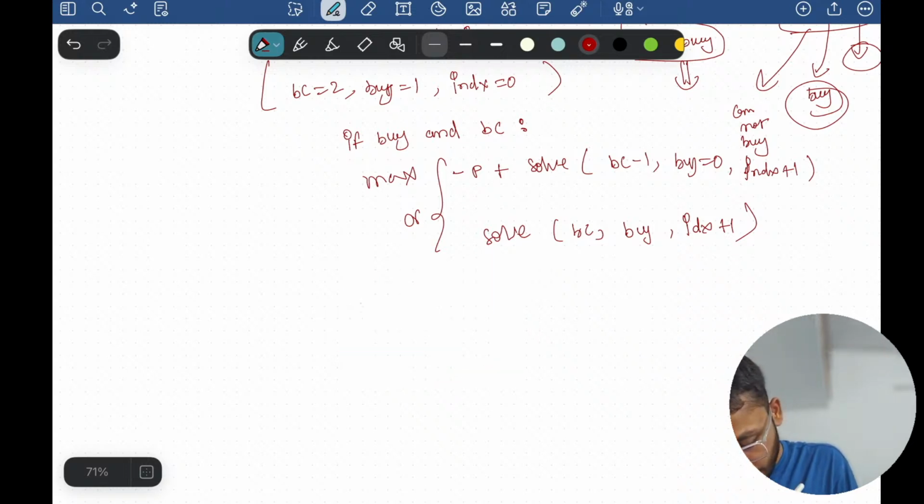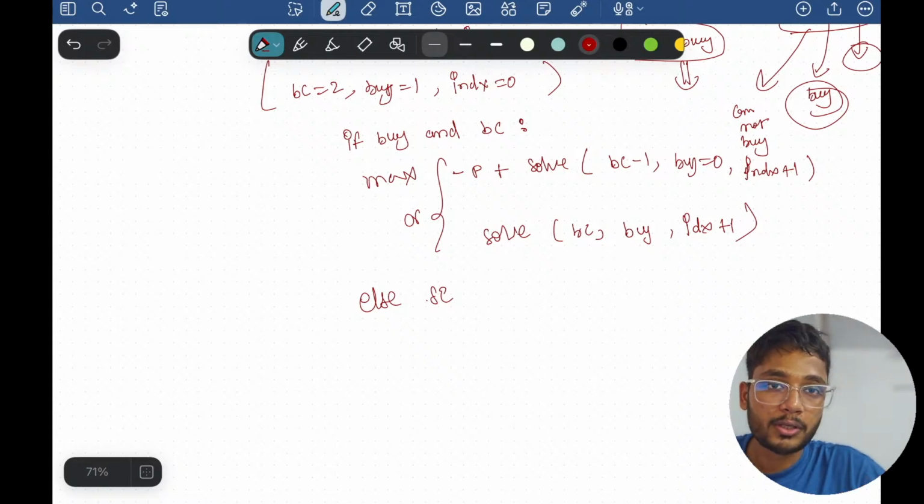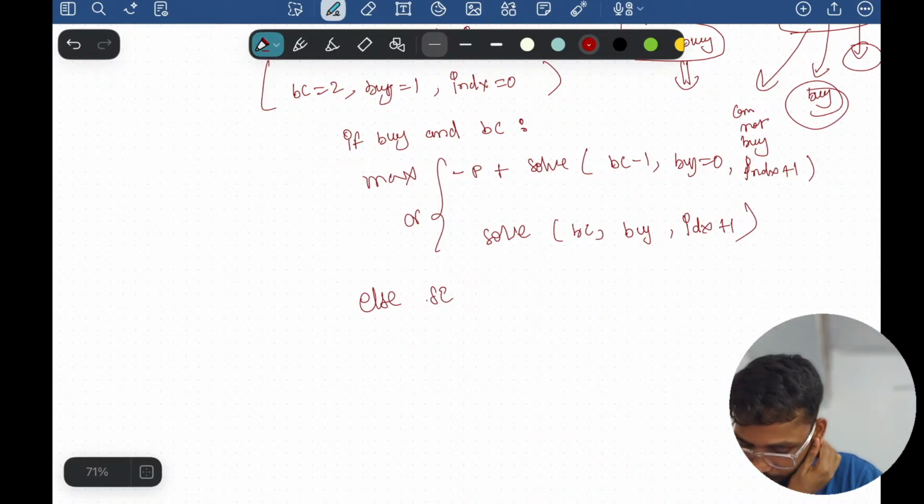I think we need to take another one, sell count. Now if you see, you bought it, now you have the option to sell it, right? But only when sell count is possible, when you haven't sold earlier. For example, you already sold it, now your sell count is 0, then you cannot sell further, right? So I'll use SC equals 2 also. If buy is not available, then only sell count.